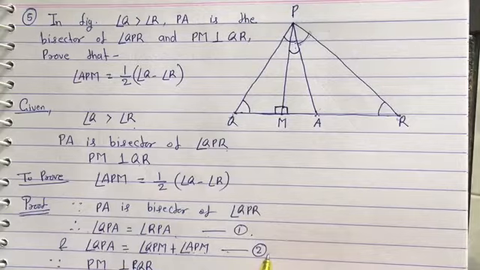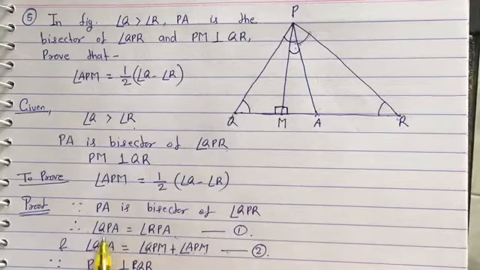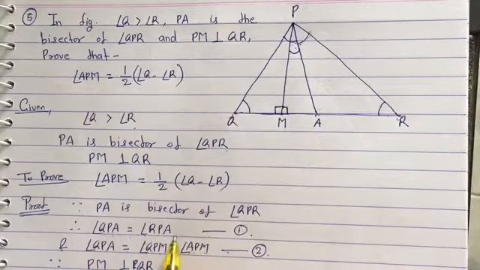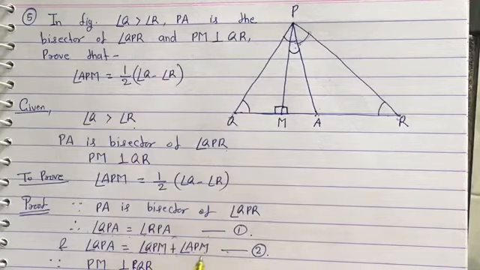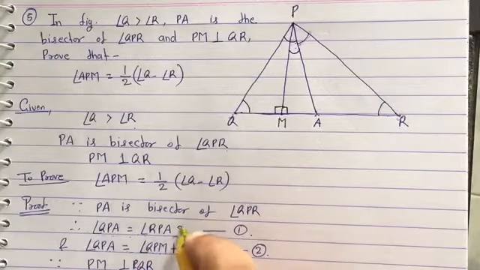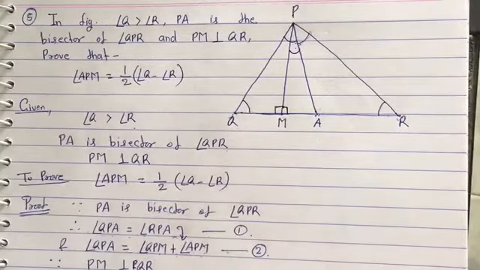And now this thing is very interesting for you also, that QPA is equal to RPA and QPA is equal to angle QPM plus angle APM, meaning the sum of both these things is also equal to angle RPA. Okay, when required we have to use this.